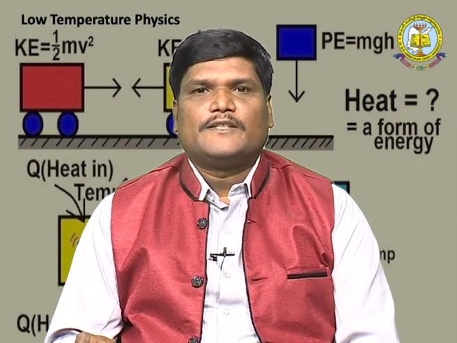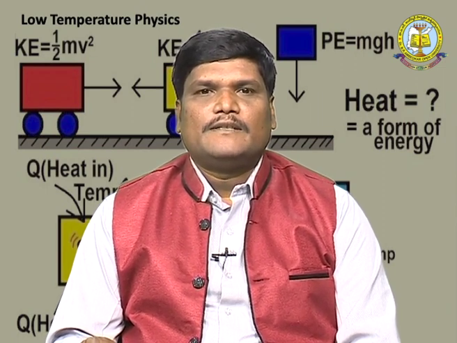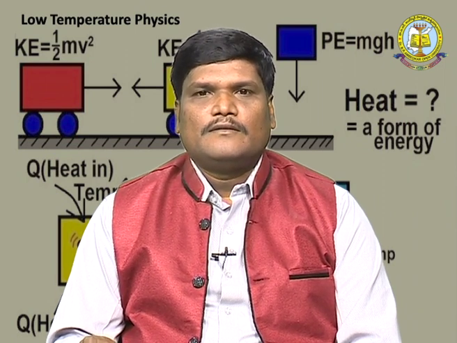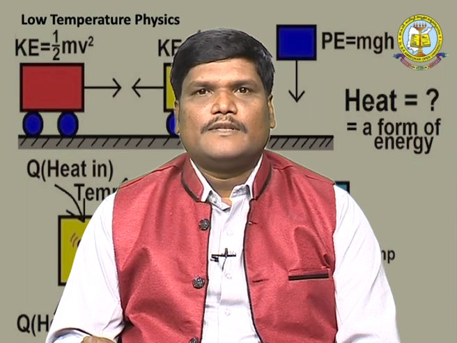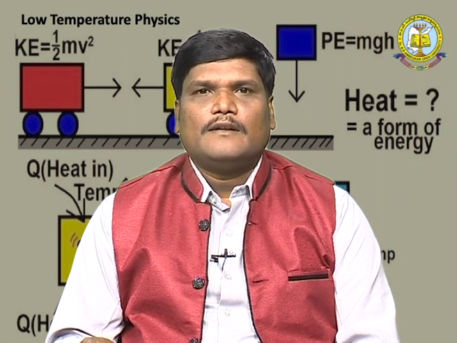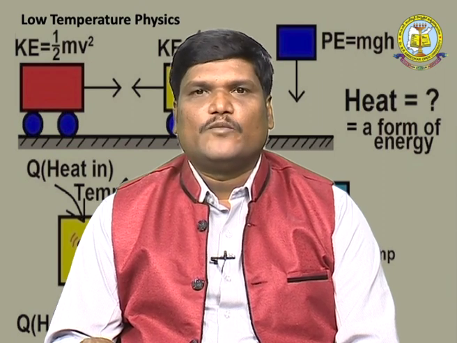Next, the most important experiment is the porous plug experiment. There are two main essay questions: one is the Joule Kelvin effect and the other is adiabatic demagnetization. You may expect these two questions in the examination.